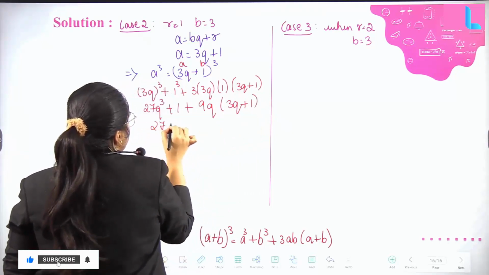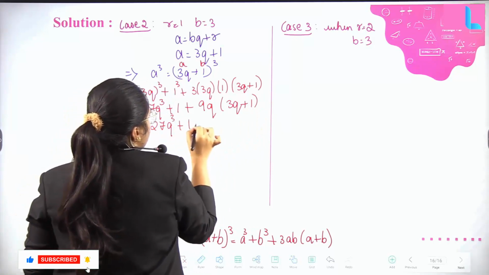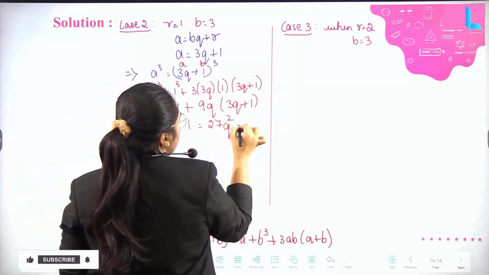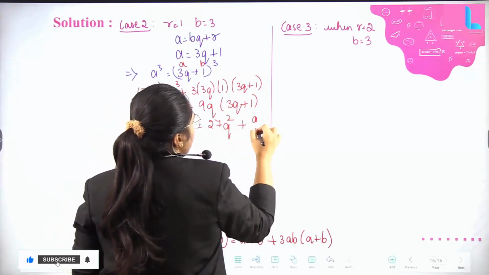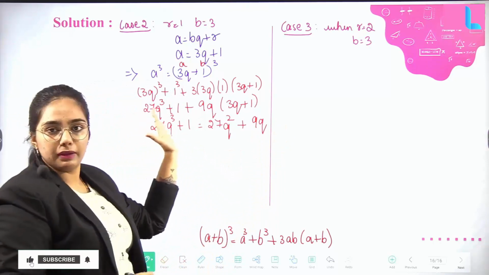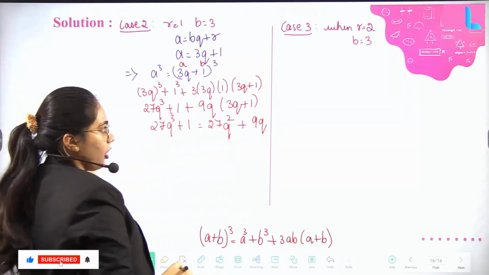This again you can substitute. 9 3s is 27q² plus 9q into 1 is 9q. See, this is what we have after simplifying the whole thing. This is what we have got.